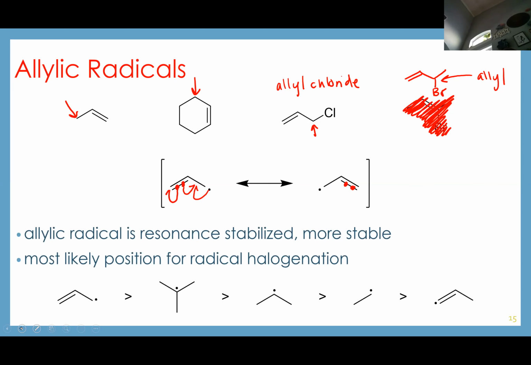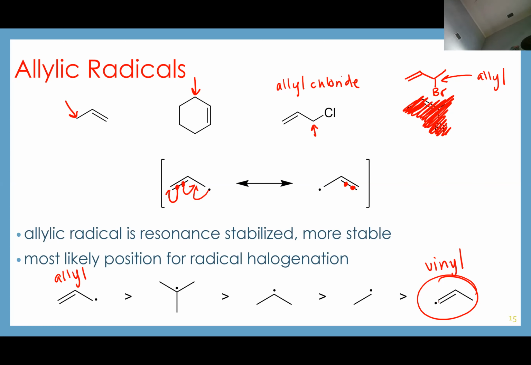The allyl radical is more stable than the tertiary radical. This down here would be called the vinyl radical. This is very unlikely to occur. The issue with the vinyl radical is that this is an sp2 carbon.